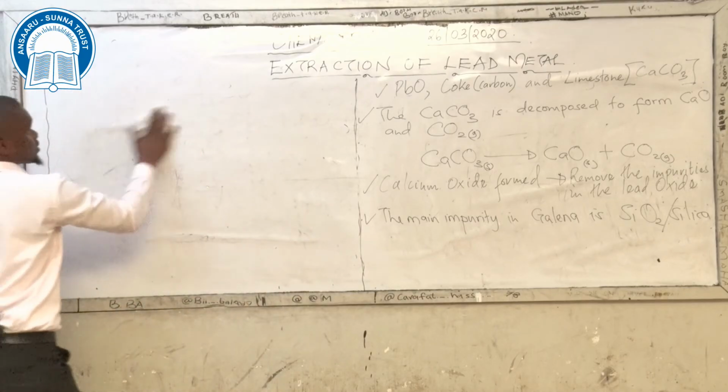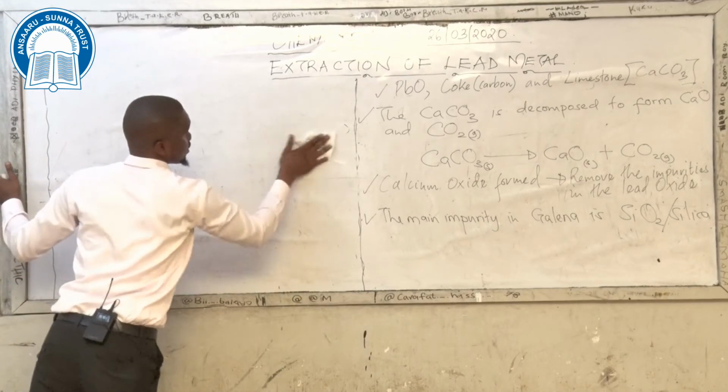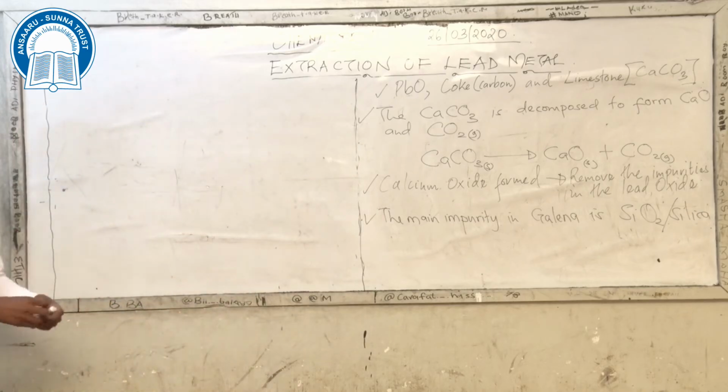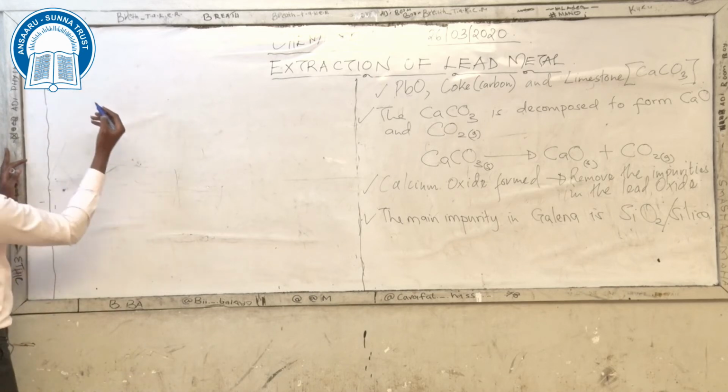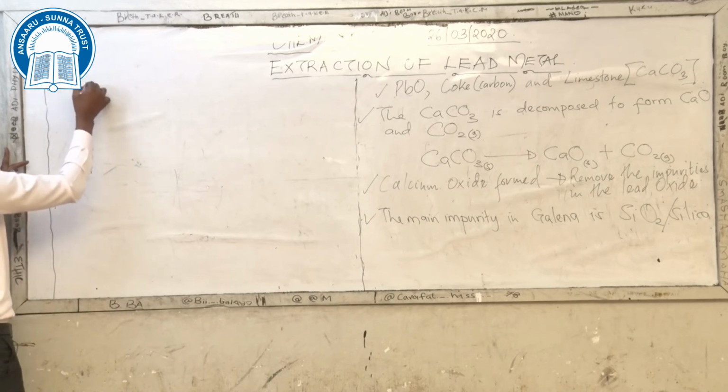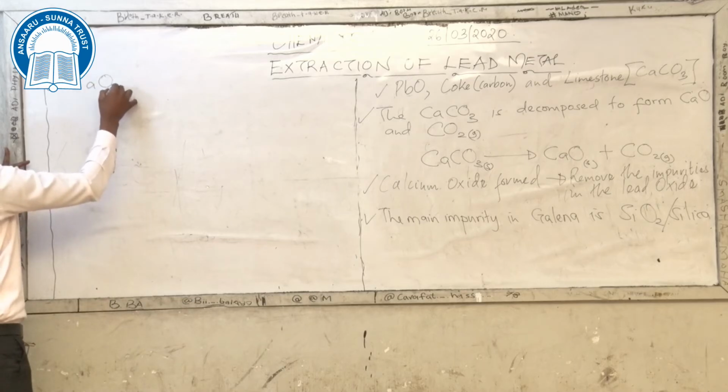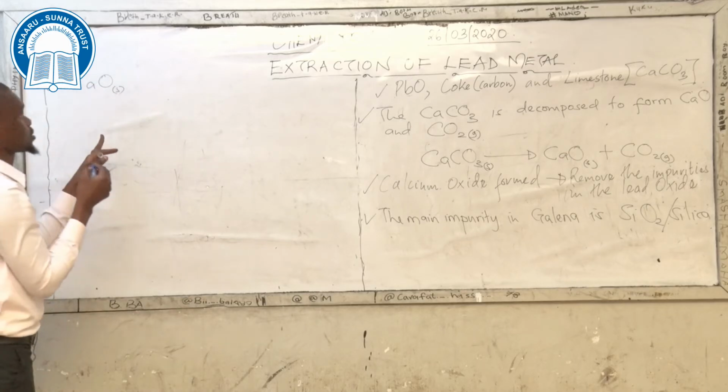And it is this calcium silicate that is obtained from the furnace as a slag. So we say we have calcium oxide formed from the decomposition of limestone.